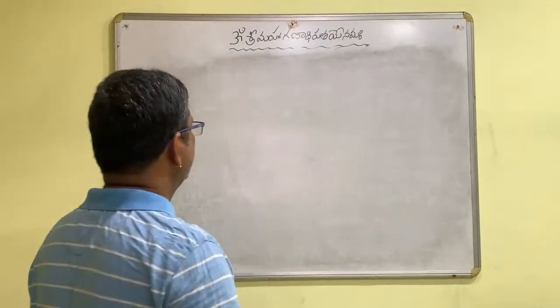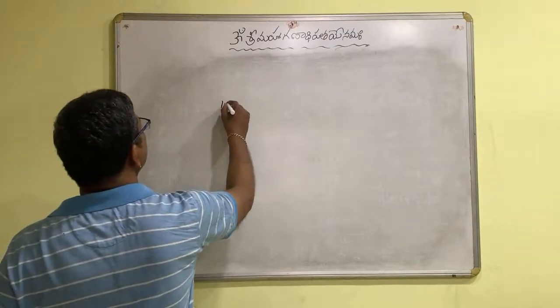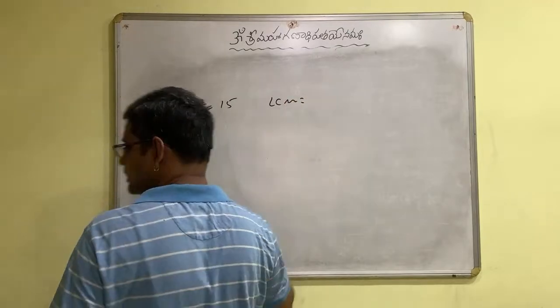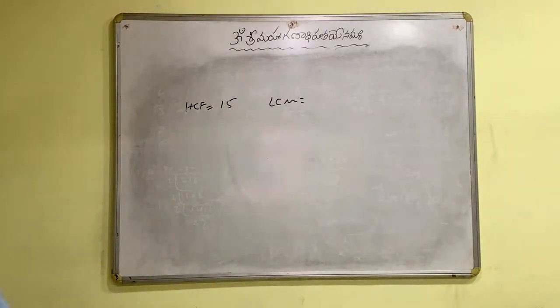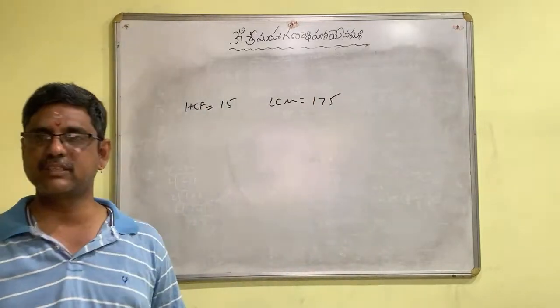Can two numbers have 15 as their HCF and 175 as their LCM? Give reason. Can two numbers have 15 as their HCF and LCM is 175? Give reasons.